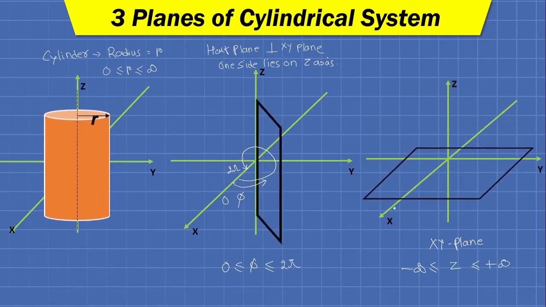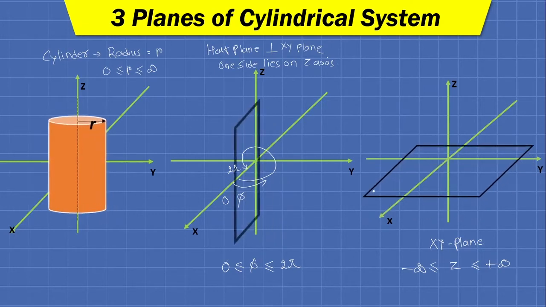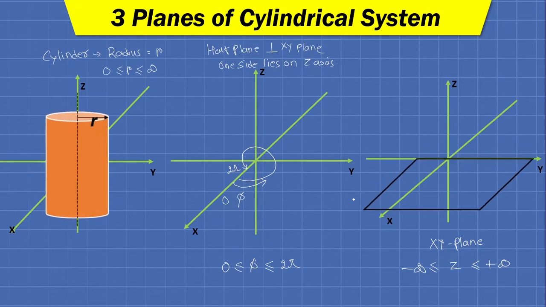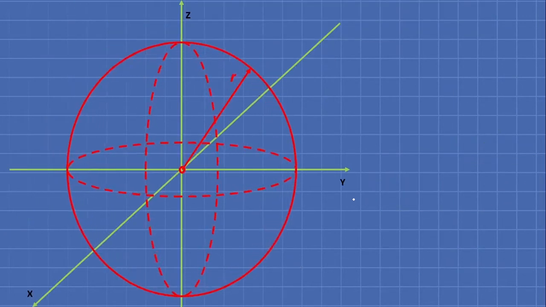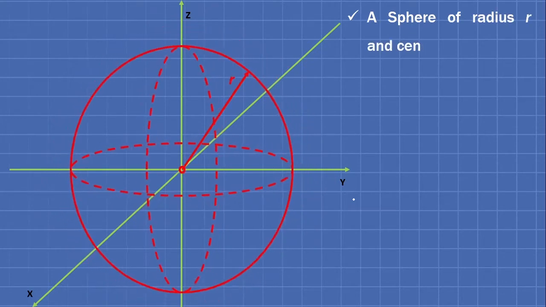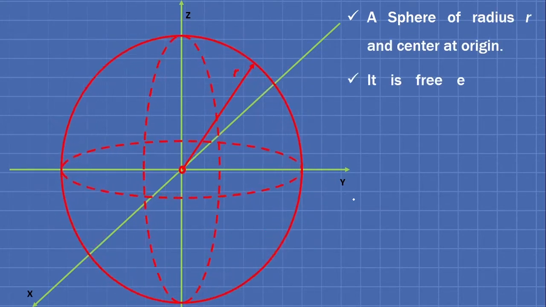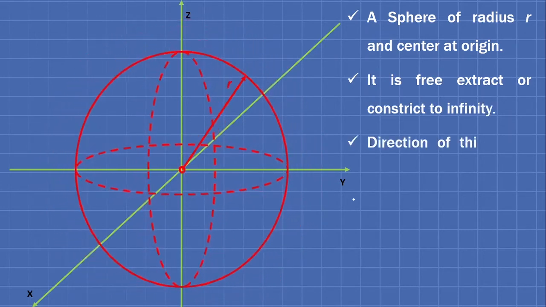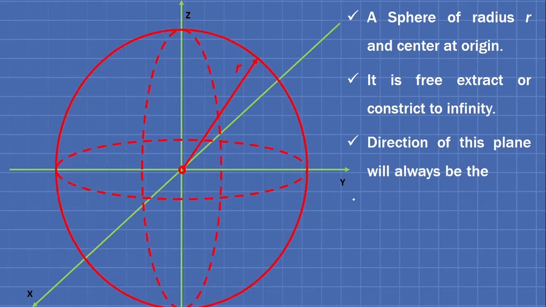Now we will discuss the three surfaces of the spherical coordinate system, which is the main interest of today's video. So our first surface, as we have discussed, is a sphere of radius r, and its center is strictly laid on the origin. It is free to expand or contract to infinity.